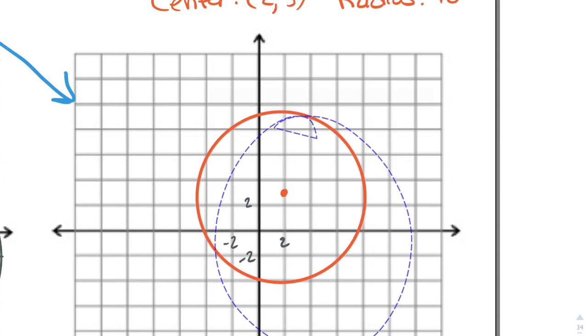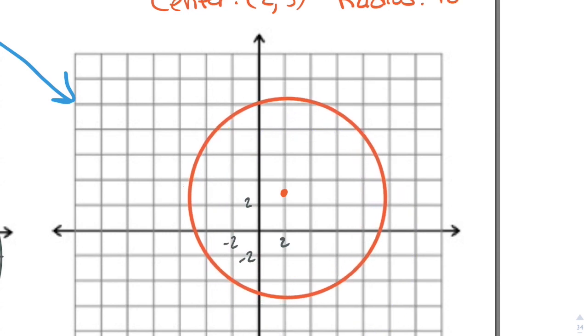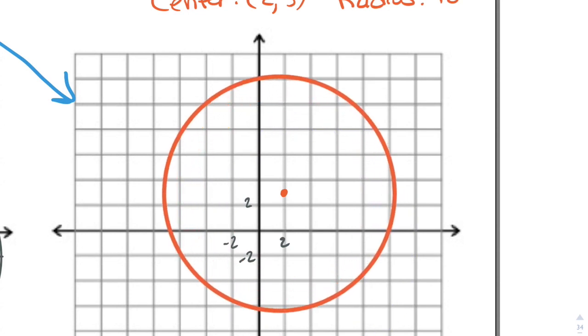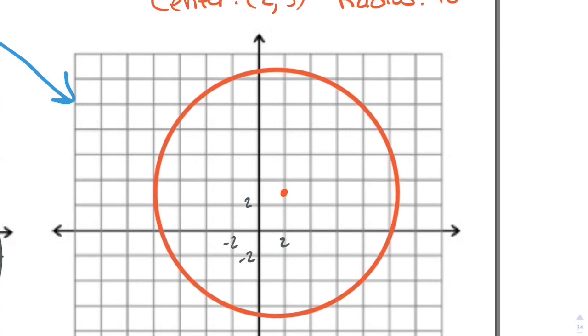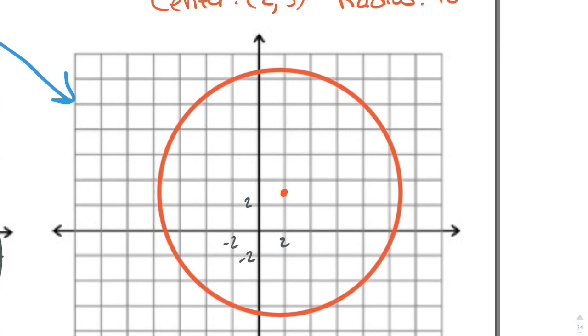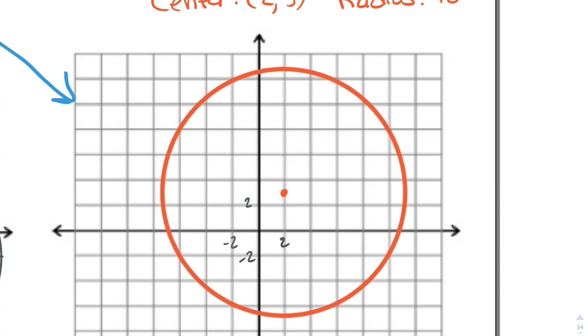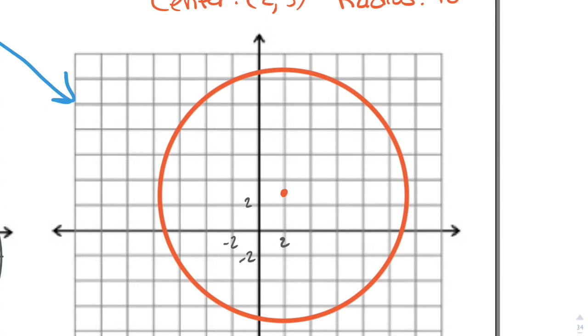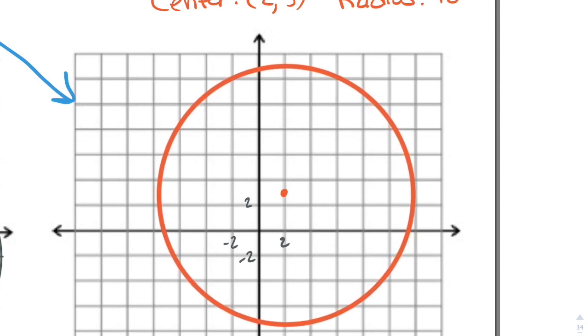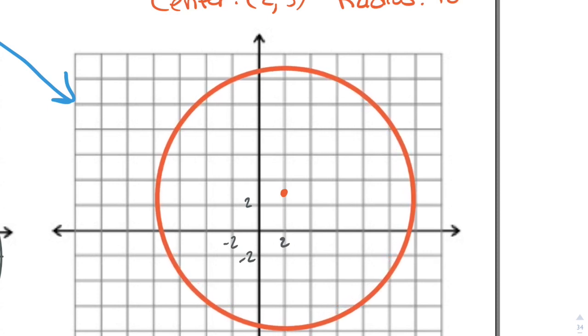For a radius of 10, I'm going to go 5. 1, 2, 3, 4, 5.